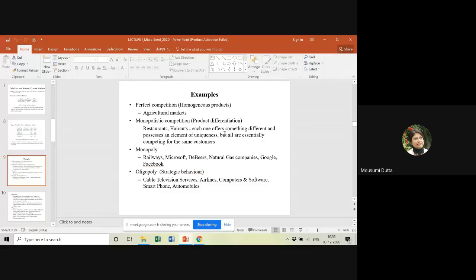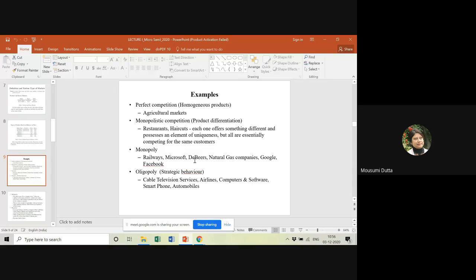Monopolistic competition: restaurants, haircuts. Each one offers something different and possesses an element of uniqueness, but all are essentially competing for the same customers, many customers. Monopoly, ma'am: Google and Facebook. Yes, these are monopolies.